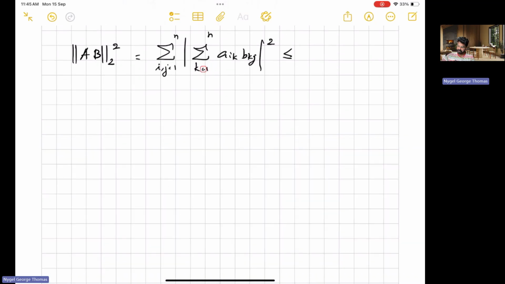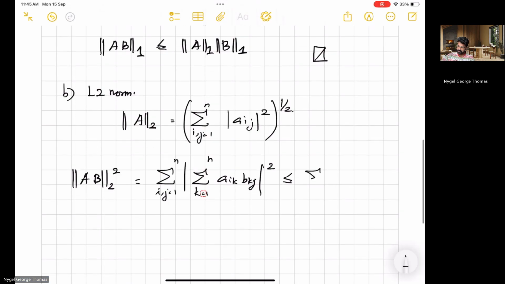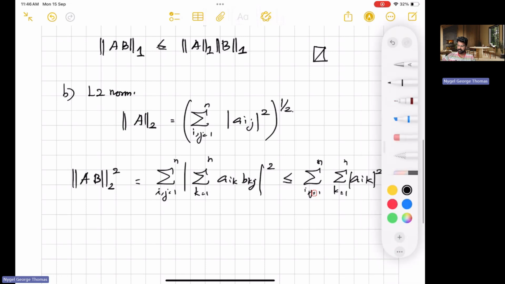So this is less than or equal to the sum over i, j equal to 1 to n of the sum of a_ik, all squared, where k equal to 1 to n, and we can use some other index, let's say l, to not confuse the variables.